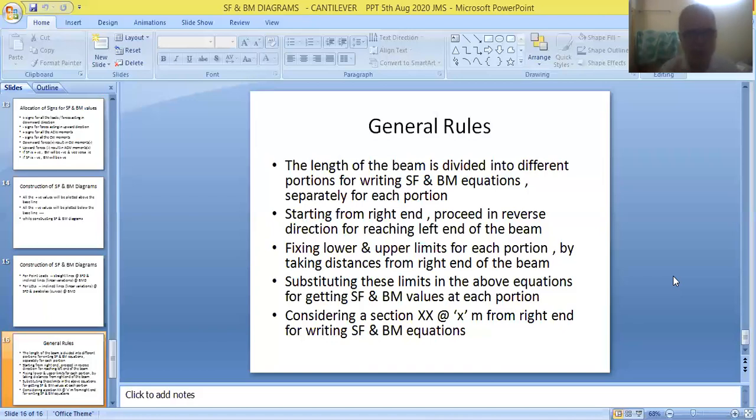So we have to consider the forces acting only on the right end of the beam for preparing the SF and BM equations.